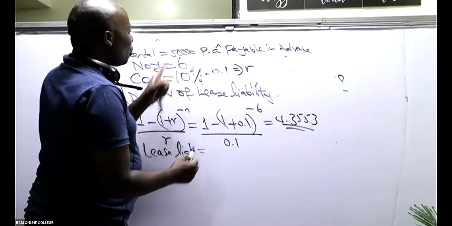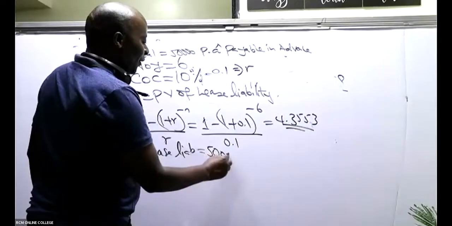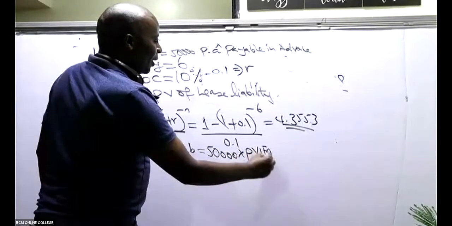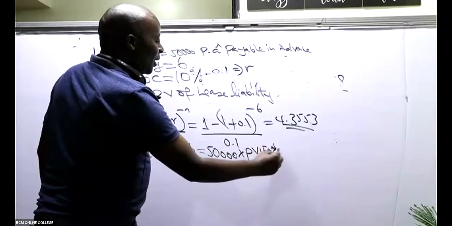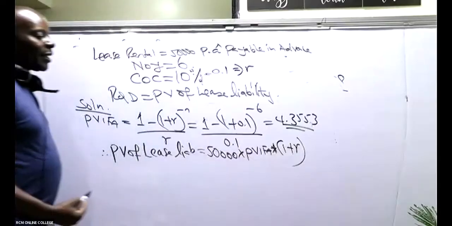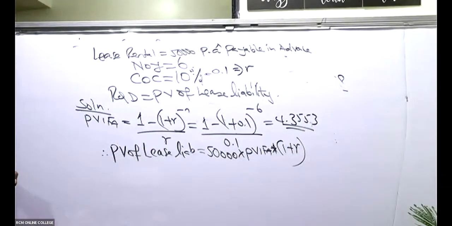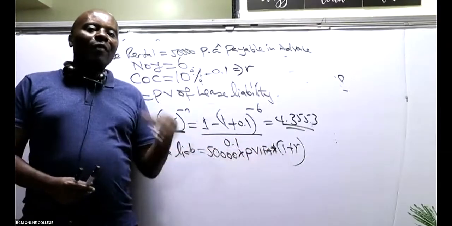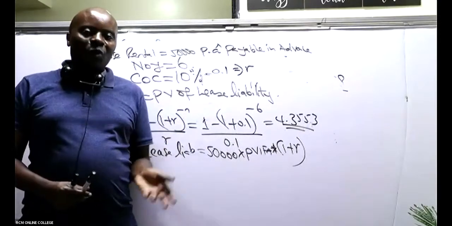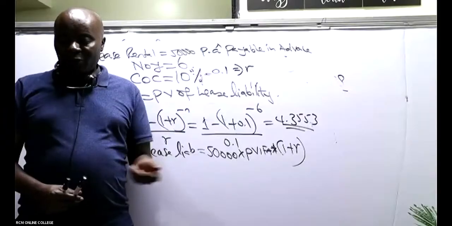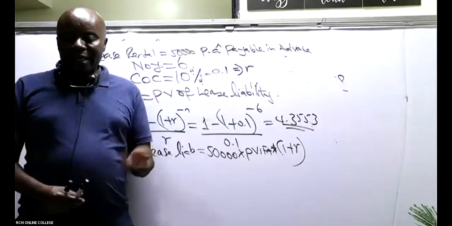And therefore, the present value of my lease liability will be this amount of 50,000, the annuity, times now the PV-FA. Because in this case it's being paid in advance, we must include that 1 plus R. This times 1 plus R, we only do it whenever you're told that the cash flow is being paid up front, or paid in advance.